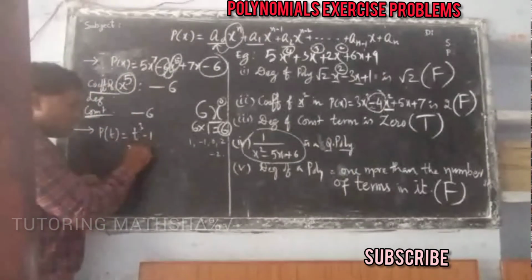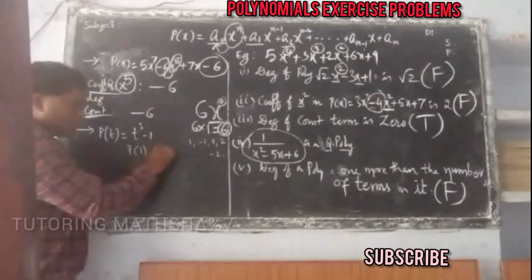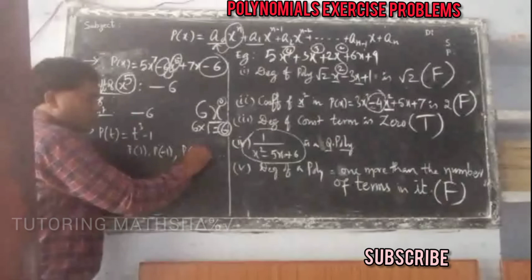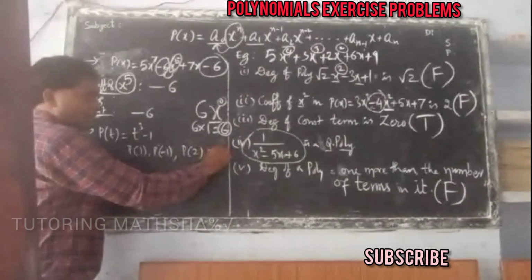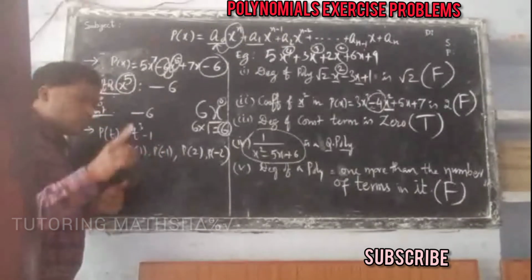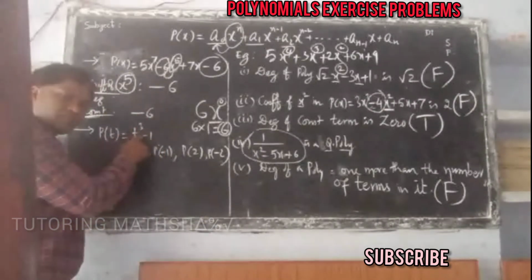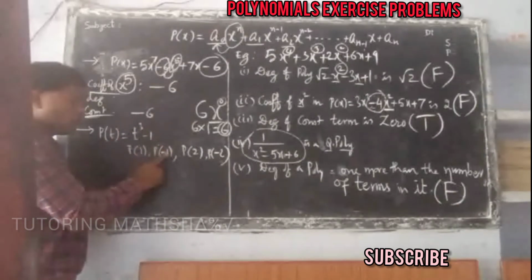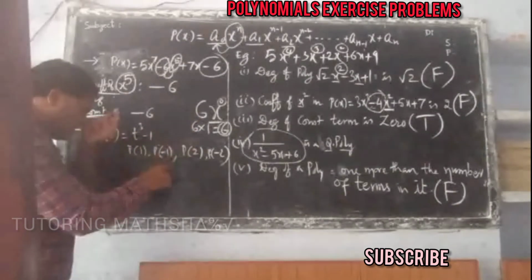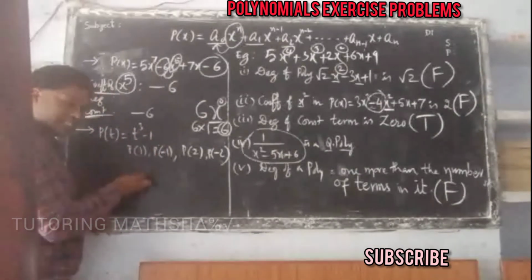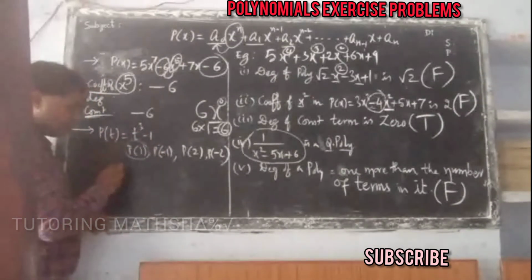That is p of 1, p of minus 1, p of 2 and p of minus 2. 1, 2, 3, 4 values we have to find. What is the value of this polynomial for p of 1? What is the value for p of minus 1? Let us find two values. I'll explain any two values. First I take p of 1.